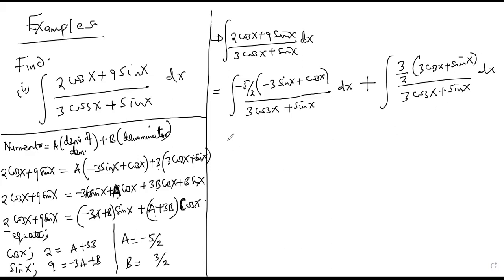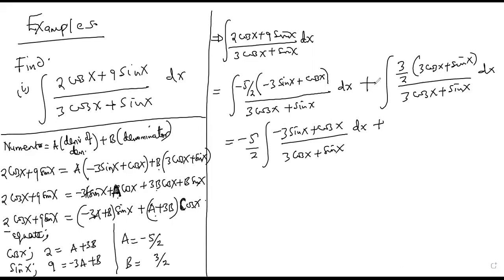So this is going to be equal to negative 5 over 2 integral of negative 3 sine x plus cos x over 3 cos x plus sine x dx, plus, we factorize out 3 over 2 integral of 3 cos x plus sine x over 3 cos x plus sine x dx.